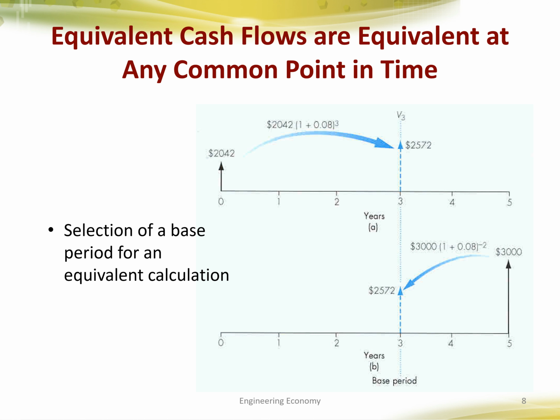So if we convert 3000 from the end of the fifth period to the end of the third period, because 3000 and 2042 at different points are of the same value, the number should come up to 2572, the same as the one converted from 2042 to the end of the third period.